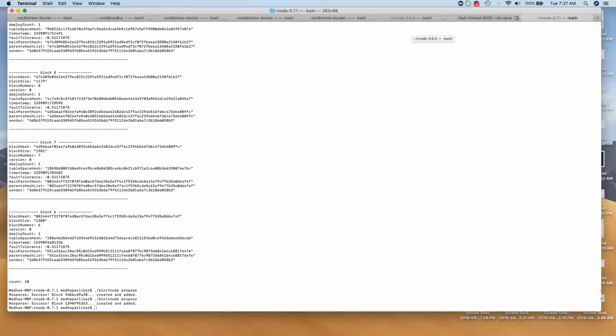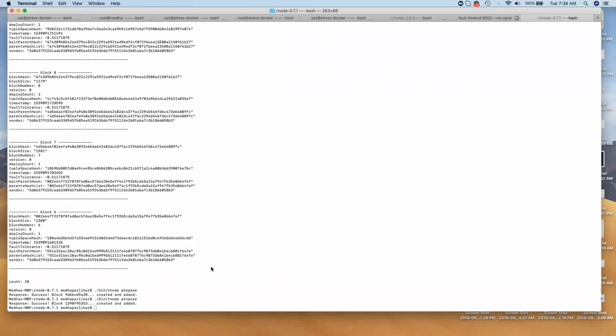That's what consensus does on a DAG. Show blocks will only show you the newest block. If you want to see more blocks, add the -d and then a number for depth. Can you propose again?